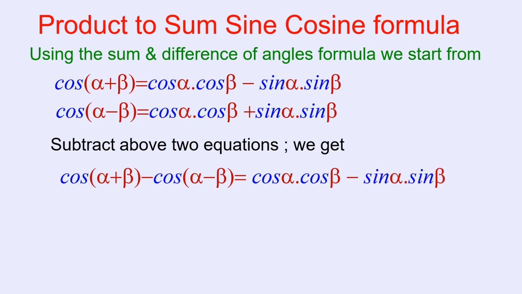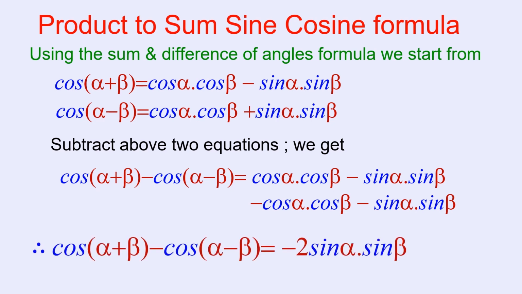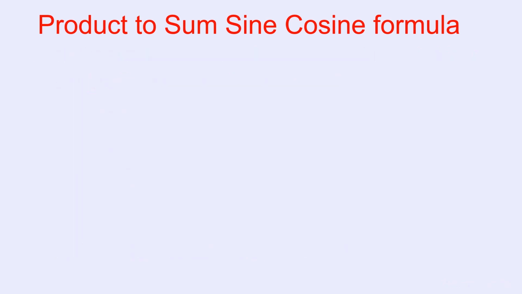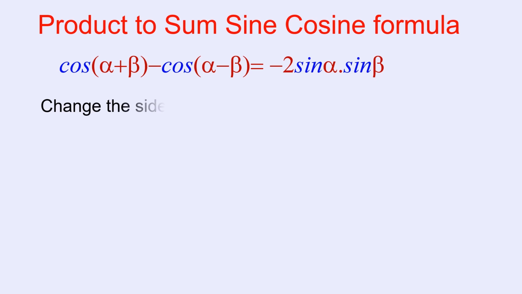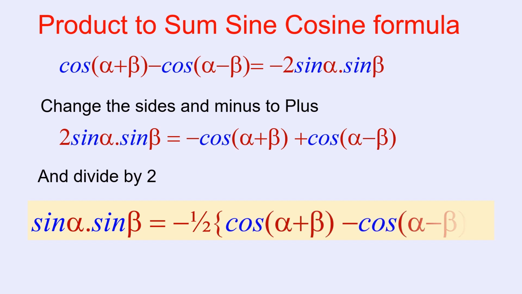Subtracting cosine of alpha minus beta from cosine of alpha plus beta, and solving it further, we get cosine of alpha plus beta minus cosine of alpha minus beta equals minus 2 times sine of alpha into sine of beta. Change the sides and plus to minus and divide by 2, we finally get the required formula, that is, sine of alpha into sine of beta equals minus half into cosine of alpha plus beta minus cosine of alpha minus beta.